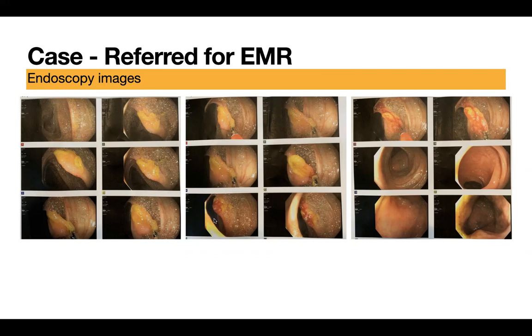And why don't I ask Zubair, say for example, if you see this endoscopy report from outside, why don't you comment on what you see, and then how do you deal with this? So I see a sessile polyp, although I think maybe the preparation of the colon was not that good, but I see definitely a mucus cap.